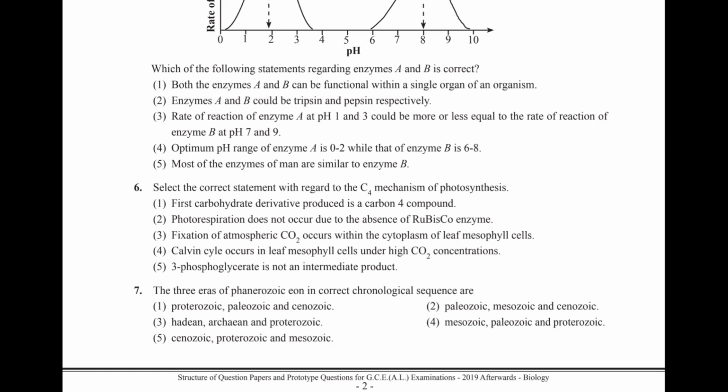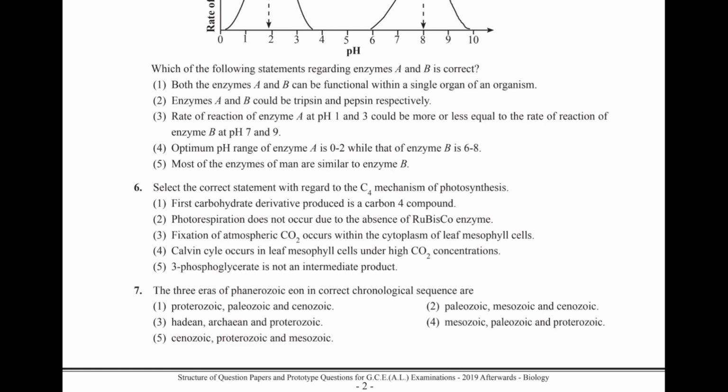Okay. So the third statement is also incorrect. Calvin cycle occurs in the leaf mesophyll cells under high carbon dioxide concentration. Right? Incorrect. It takes place in the bundle sheath cells. 3-phosphoglycerate is not an intermediate product, right? If the Calvin cycle takes place in the bundle sheath cell, 3-PGA, 3-phosphoglycerate will be produced. So the fifth statement is also incorrect. So the answer should be the first answer.